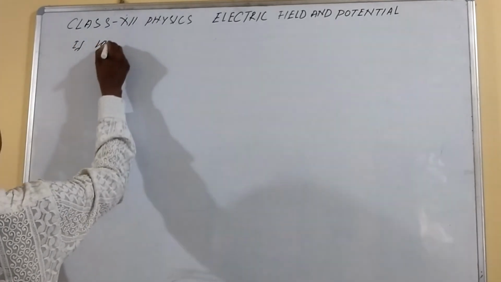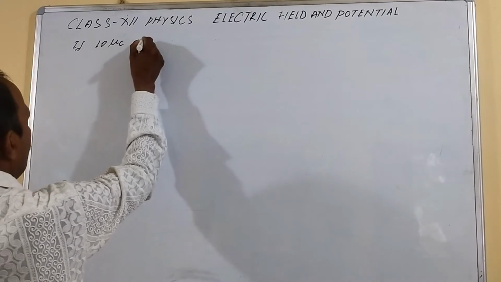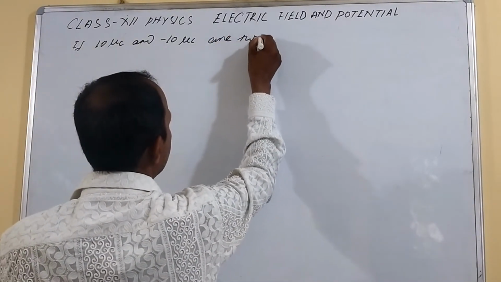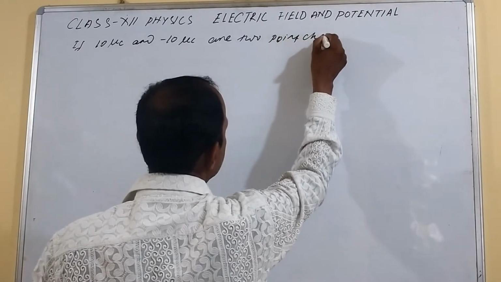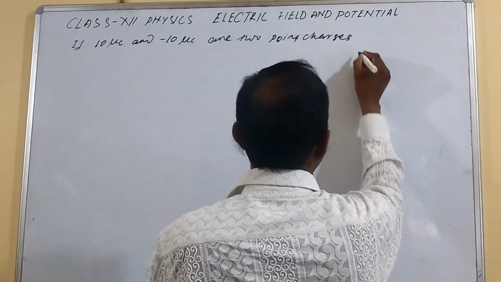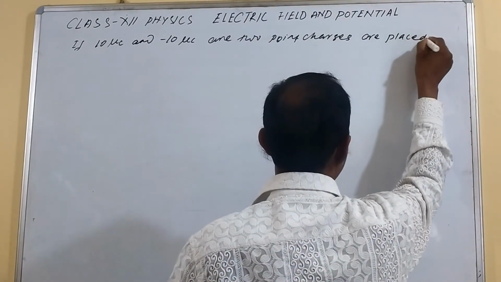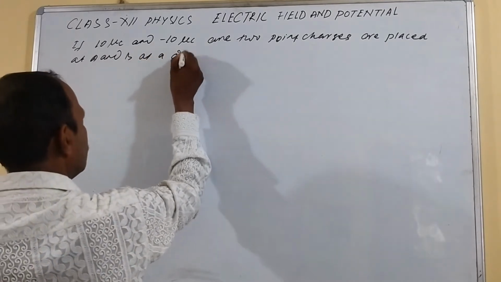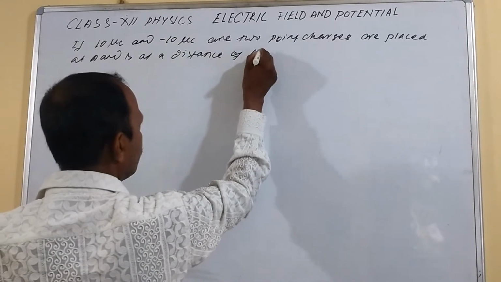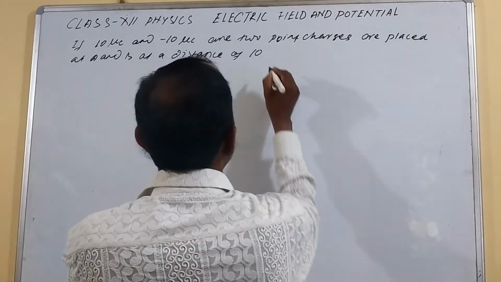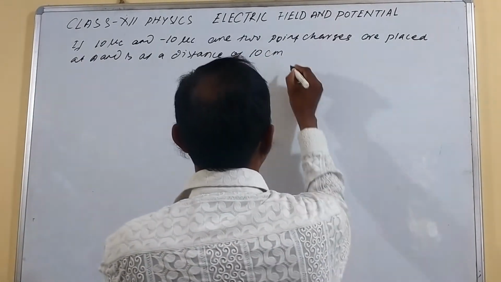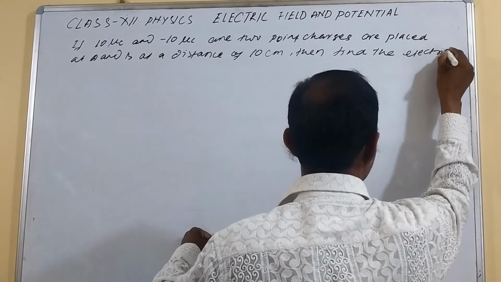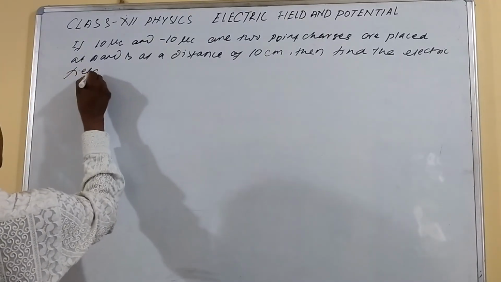If 10 microcoulomb and minus 10 microcoulomb, two point charges, are placed at A and B at a distance of 10 centimeter, then find the electric field intensity.